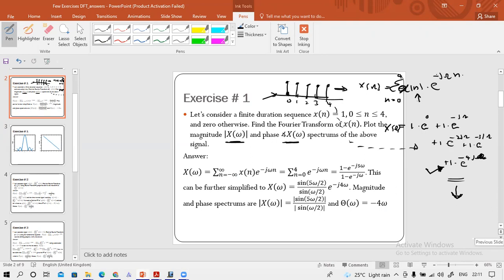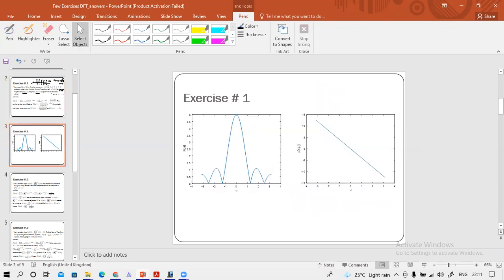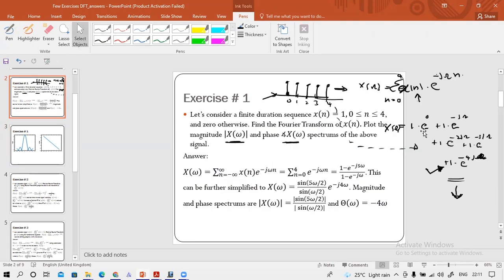As we did in the previous example in our tutorial, you can express these terms using the Euler formula. So here it is 1, and you have this term, cos omega minus j sine omega.